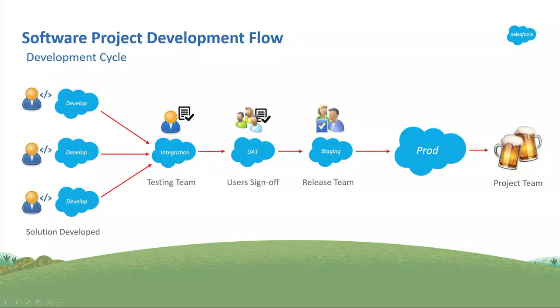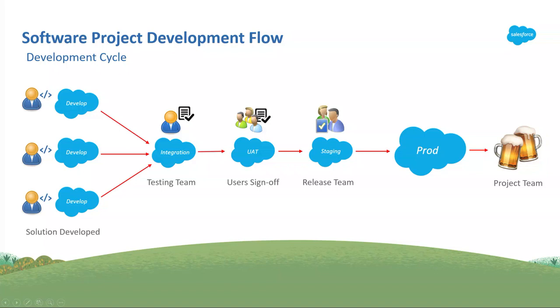After all the developers have completed their development tasks, they're ready to move their code changes into a common environment to make sure that the application is still working. This is called the integration environment. The testing team, which in smaller organizations are generally the developers themselves, will log into this environment and run through the integration test scripts. And if everything looks good, they'll promote the code base to UAT, and that's where the end users go in and perform their testing.